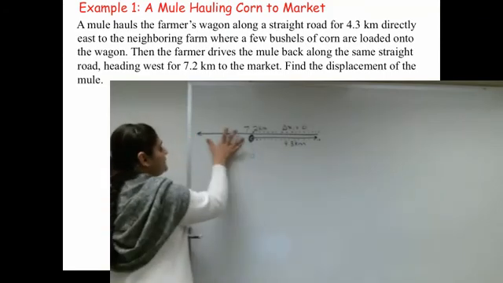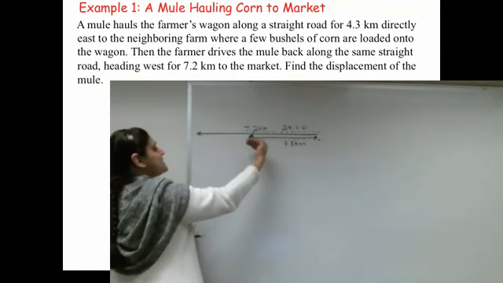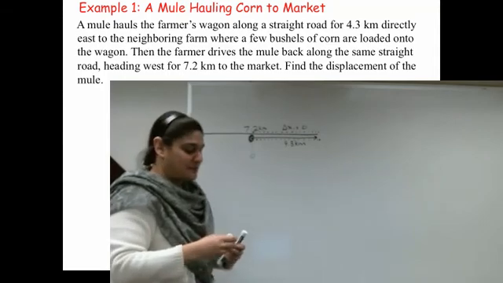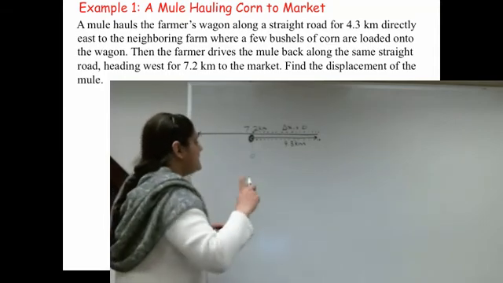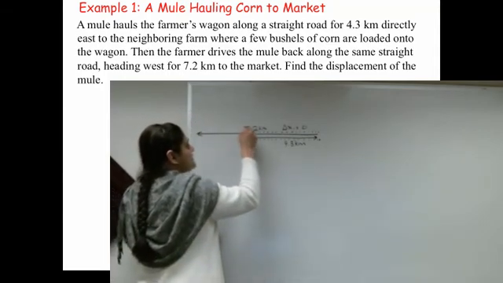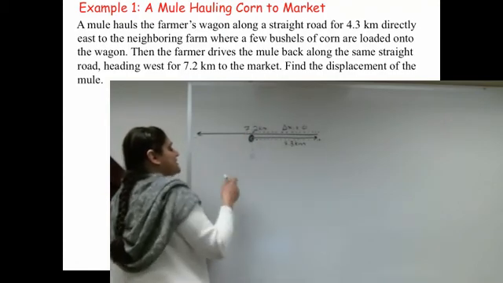So note very carefully, he is moving now towards the negative side of the problem, right? This means that this 7.2 kilometers is towards the left.